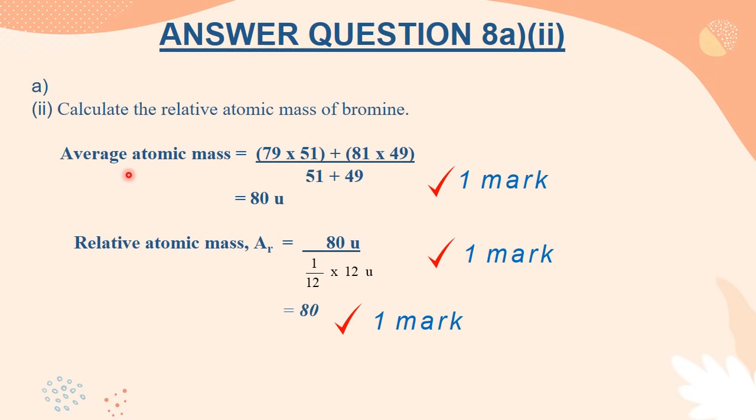So you get average atomic mass equal to 80 u. Take note, when the question asks for relative atomic mass, it means there is no unit. So we compare the average atomic mass with the mass of carbon 12 to remove the unit. So you get the relative atomic mass of bromine as 80.